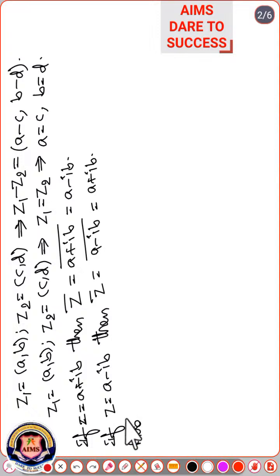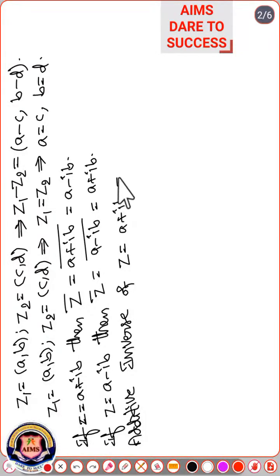Next, the additive inverse. The additive inverse of z is equal to a plus ib: additive inverse means multiply the complete complex number by minus, that is minus a minus ib. This is the additive inverse of a plus ib.